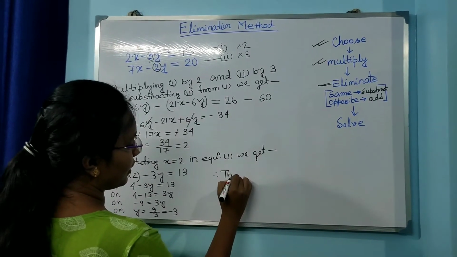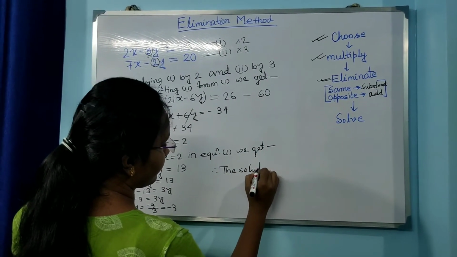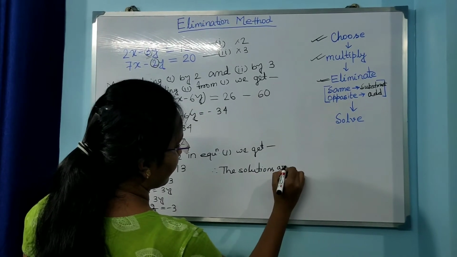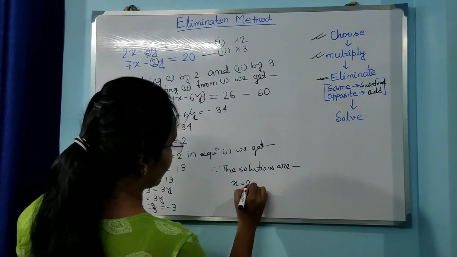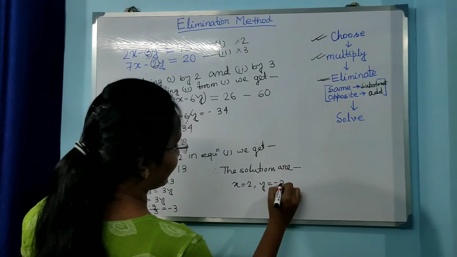So the solutions are x equals 2 and y equals minus 3.